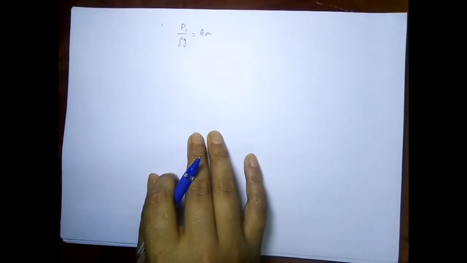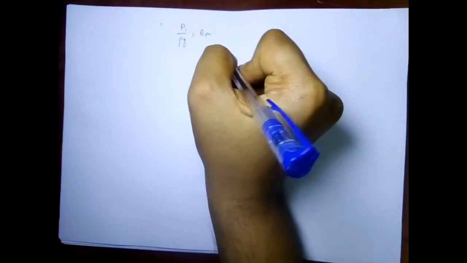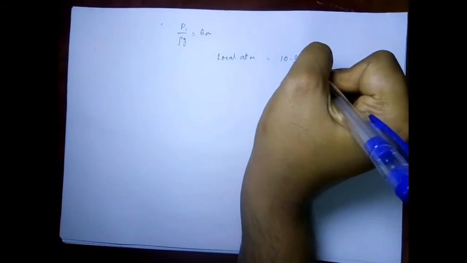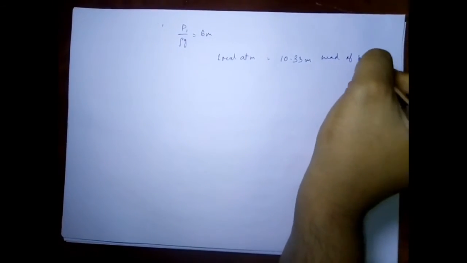And now, assuming that the total local atmospheric pressure is 10.33 meter of head, so you know that local atmospheric pressure is basically 10.33 meter head of water.